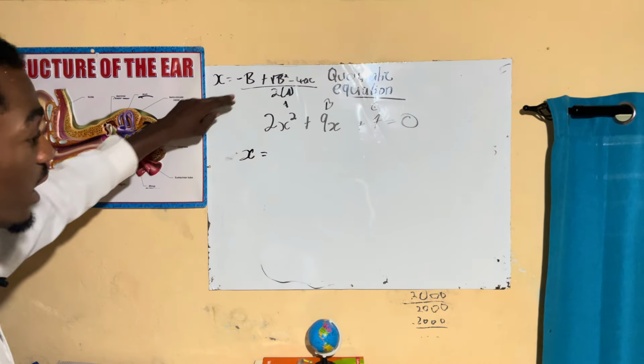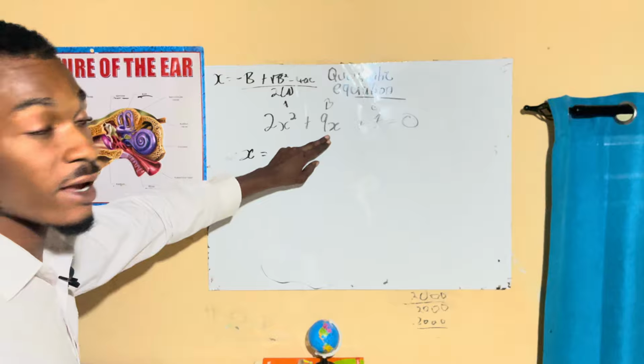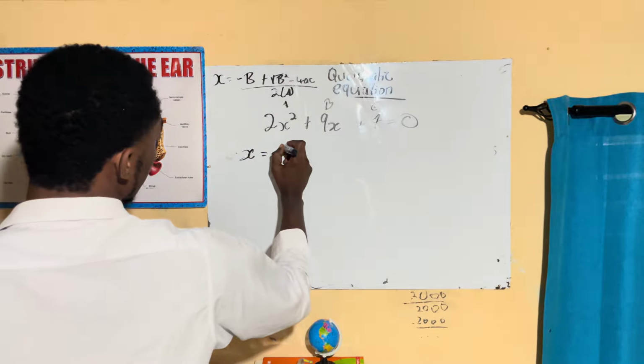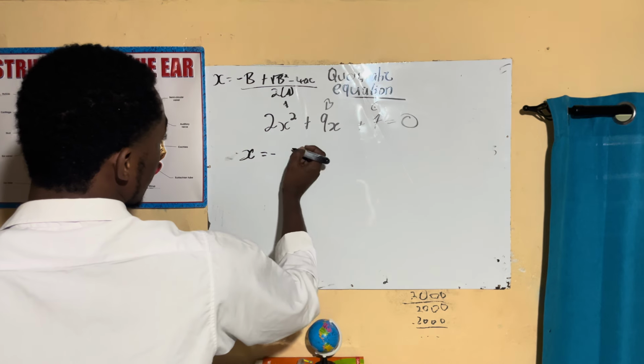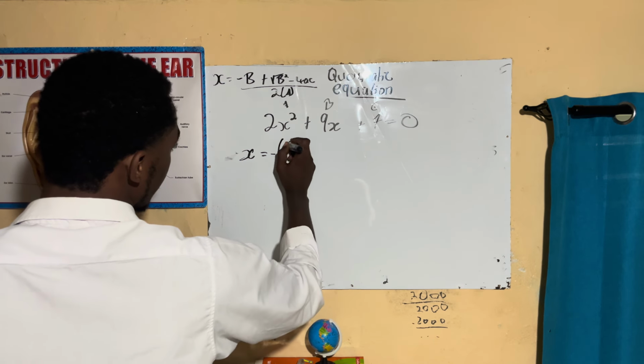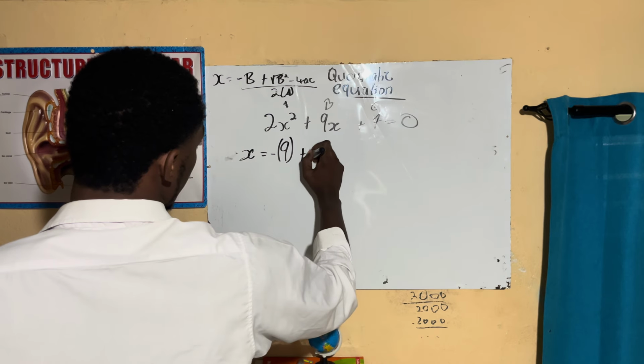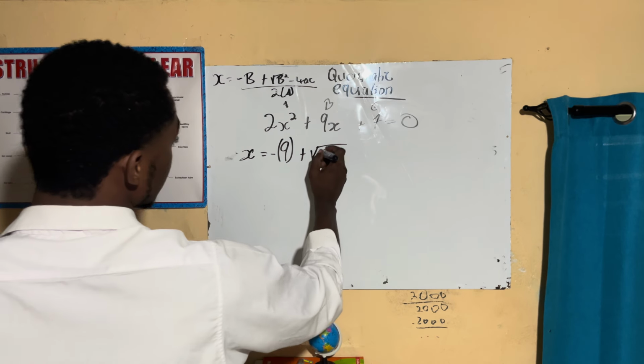negative b, and b right here is 9. So x equals negative, because the 9 is positive, we can write the 9, or we can bracket it and put 9 in the bracket. Square root of b squared, which is 9 squared.